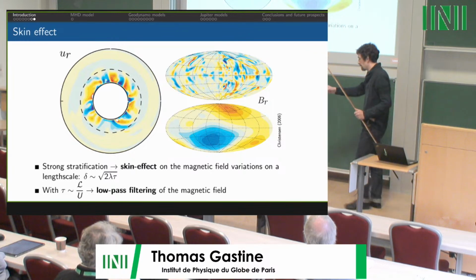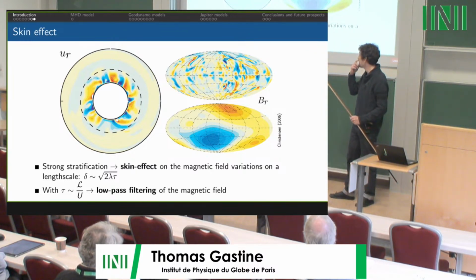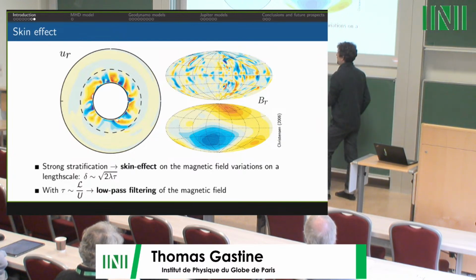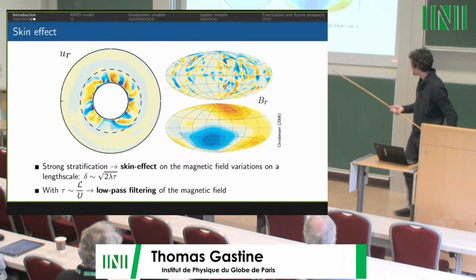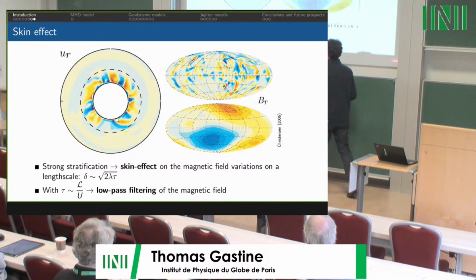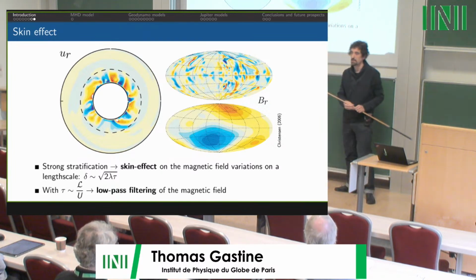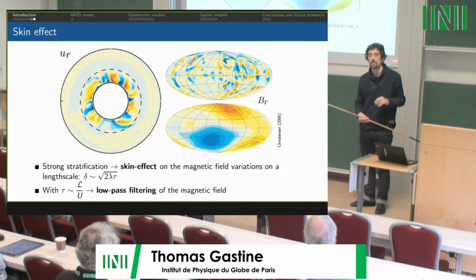If you have a time-variable field just underneath, this time variability will be damped by skin effect over a typical skin depth, which directly relates to the magnetic diffusivity of the fluid times the typical time scale of variation of the magnetic field. And since the small-scale features will vary with a faster time scale, you anticipate that the smaller-scale features of the field will be damped much more efficiently than the large scale.